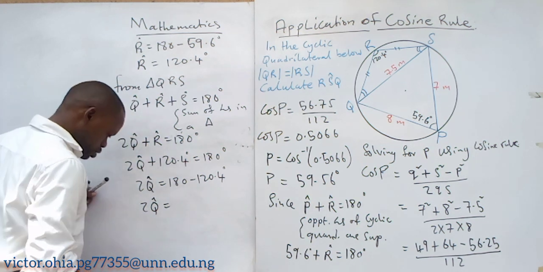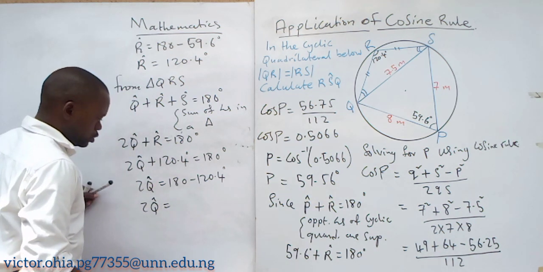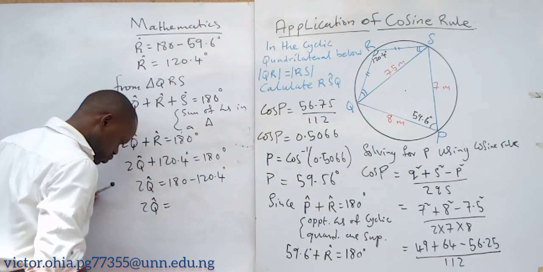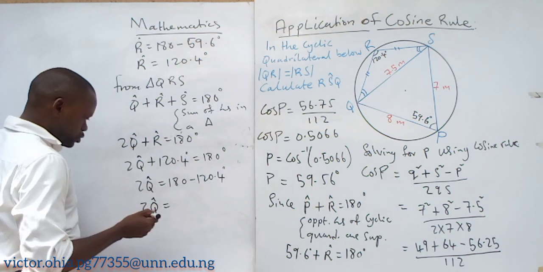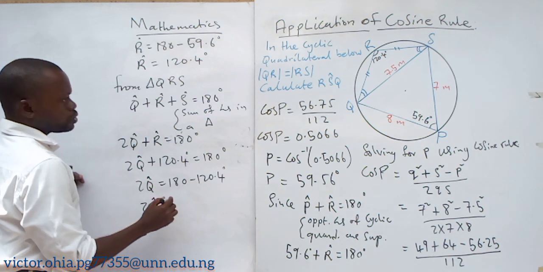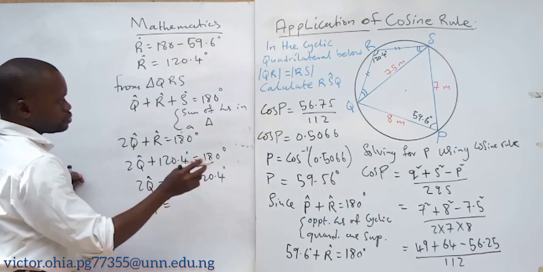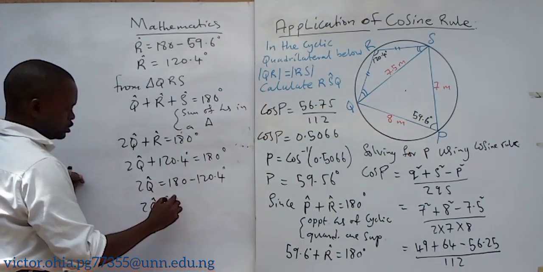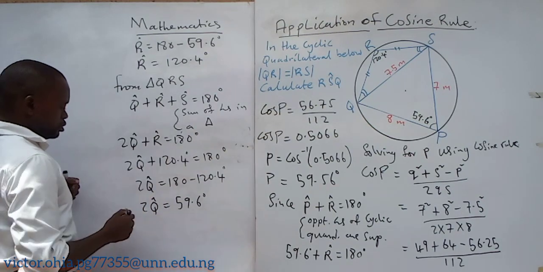We have 180 minus 120.4. So that's 59.6. Oh, that's good, because that should give us 59.6 degrees, because they are supplementary.